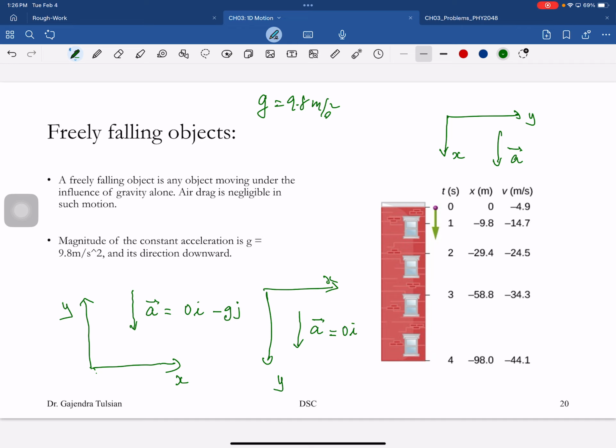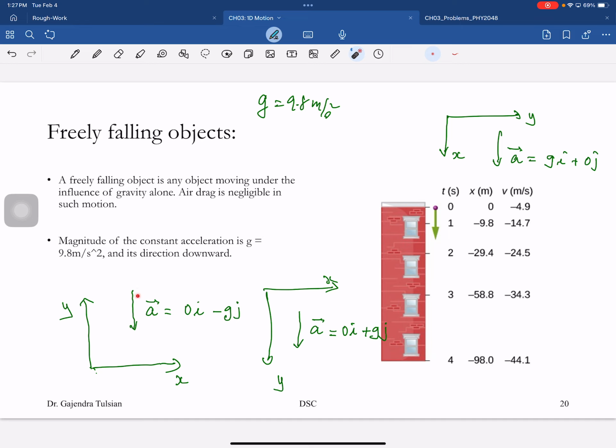Again, this one has no x component, 0i plus g j, where g is 9.8 meters per second squared. How about this one? The x-axis is pointing this way, so it has an x component, gi plus 0.